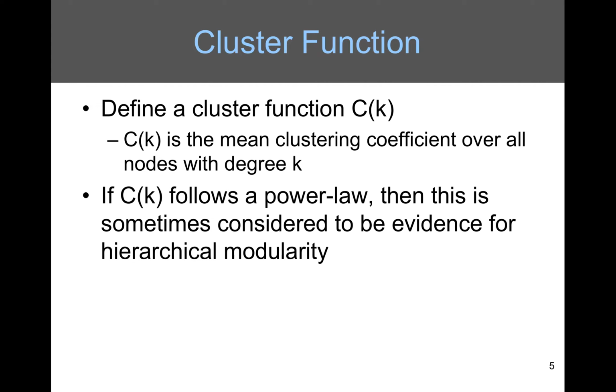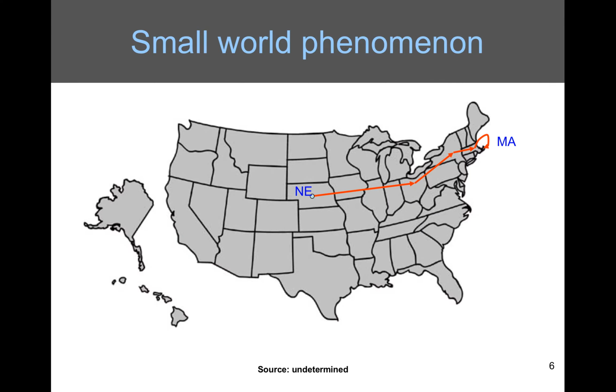And when that happens, it's often considered to be evidence that the network has hierarchical modularity. So right here we have combined two concepts: the concept of power laws and the concept of clustering coefficients. We are aggregating the clustering coefficient across nodes that have the same degree, and using that as a way to define what it means for a network to be modular and hierarchical in nature. So that's about clustering coefficient.